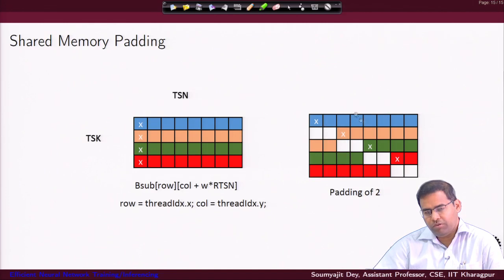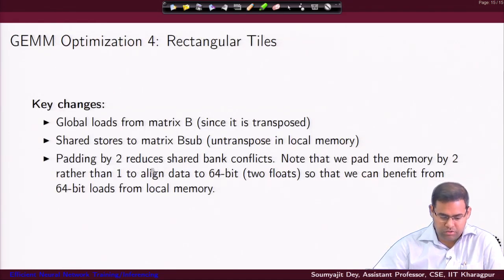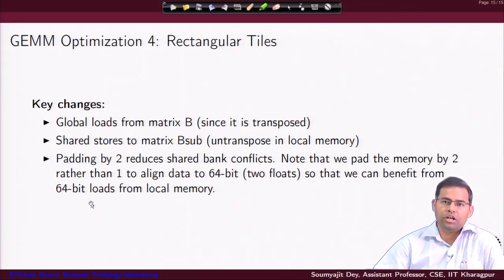In that way, you force 2 consecutive threads in the warp to access different banks, and there is no conflict. This is why the padding is by a factor of 2: the warps are going to do 64-bit loads per thread, and the shared memory bank width is also 64-bit. Fine.